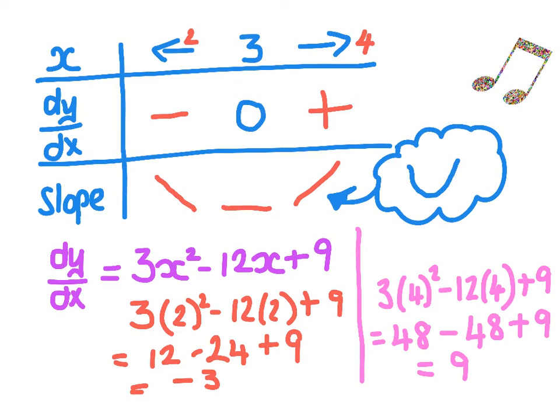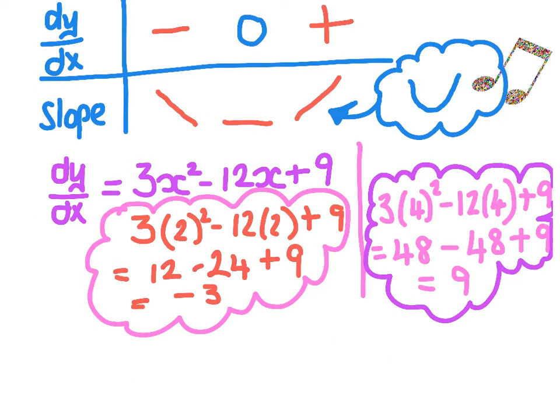And what we've calculated here then is that our stationary point 3 is a minimum turning point. So we can say we have a minimum turning point at 3, negative 4.